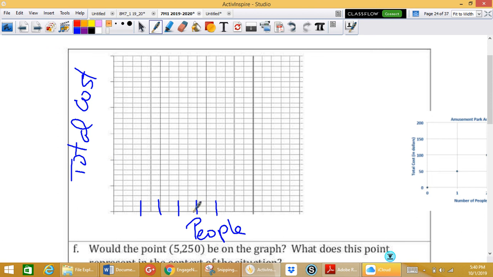Okay, so we have people on the x-axis and total cost on the y-axis. Here are my axes.